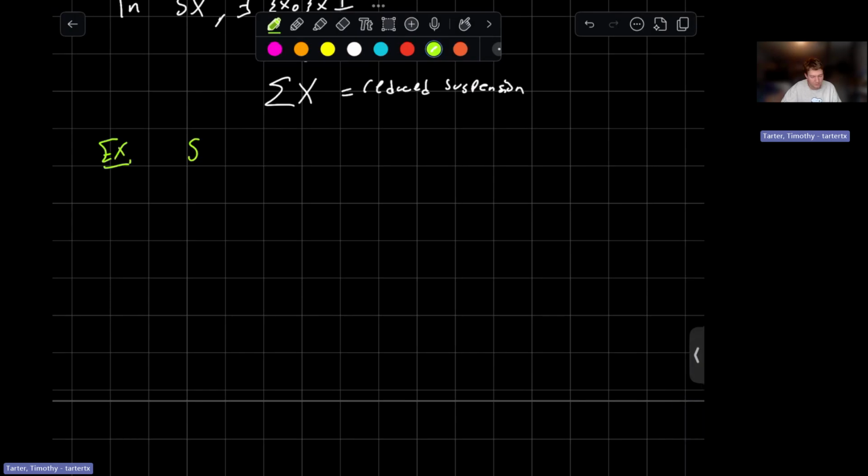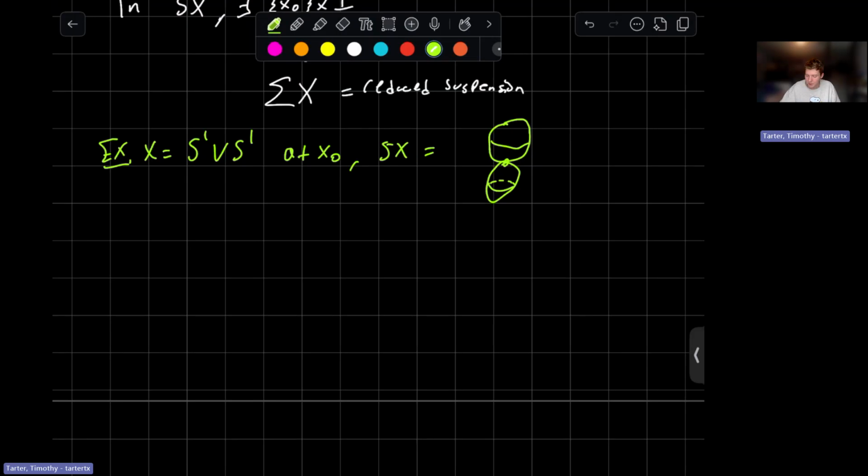So consider the one sphere wedged with the one sphere at a point x naught. Then the suspension is just two circles joined at a point. Or rather, sorry, not circles.